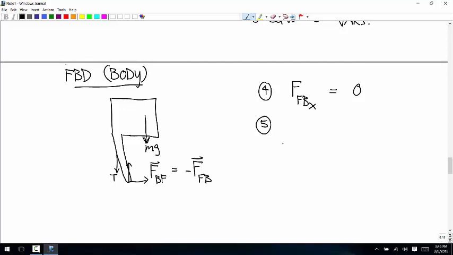The y equation from Newton's second law says negative force on the foot by the body y minus T is equal to mg. And the sixth equation says 0.05 T is equal to 0.12 mg.